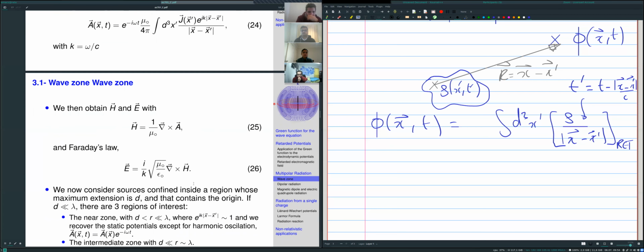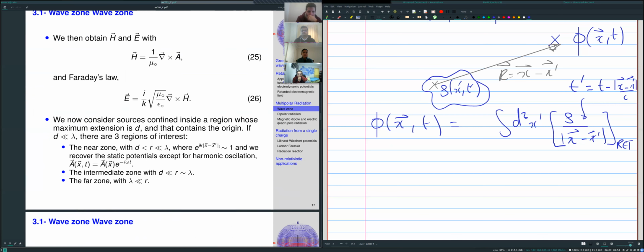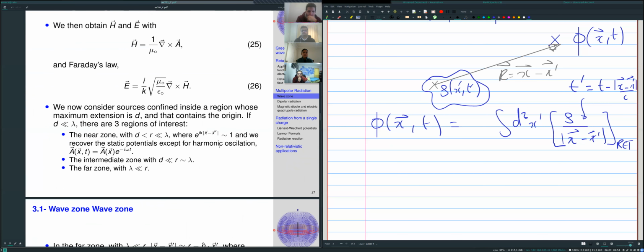So we apply the Maxwell equations and distinguish these radiation zones. So I think the only one that's really important to us is the far zone.